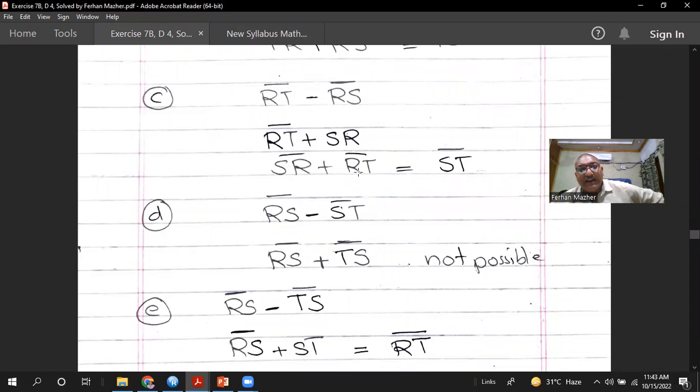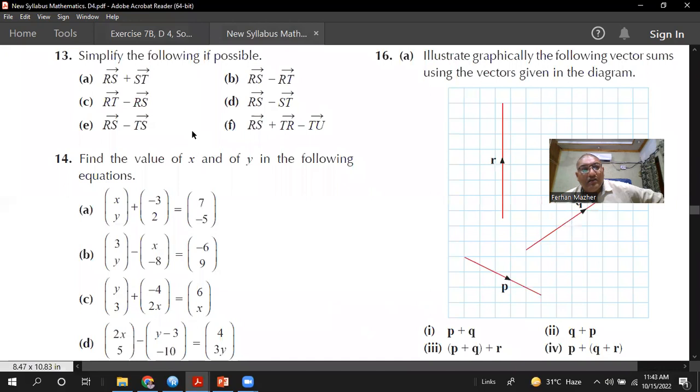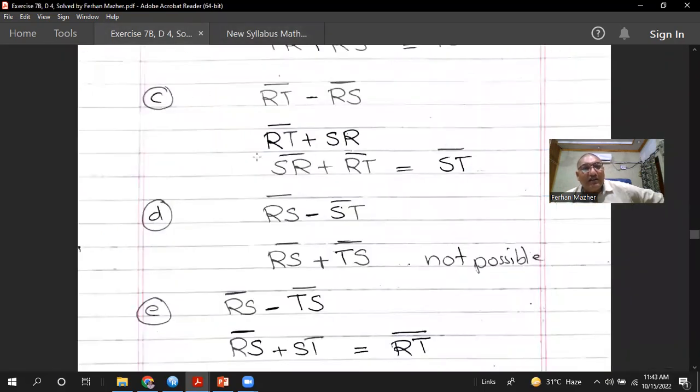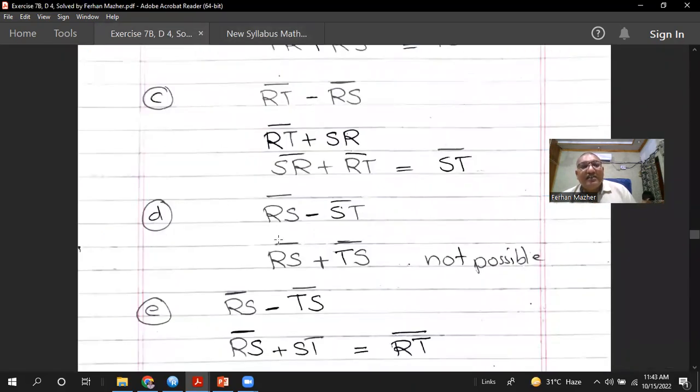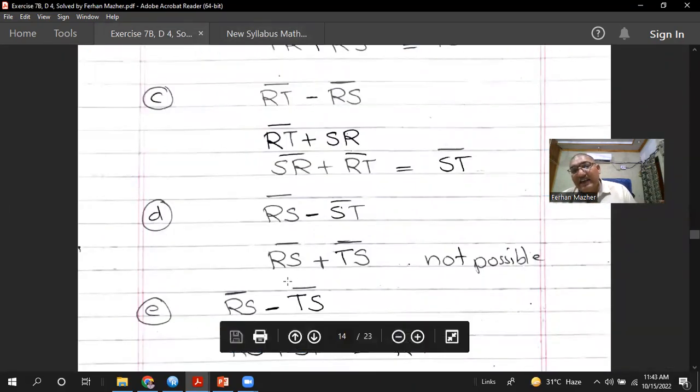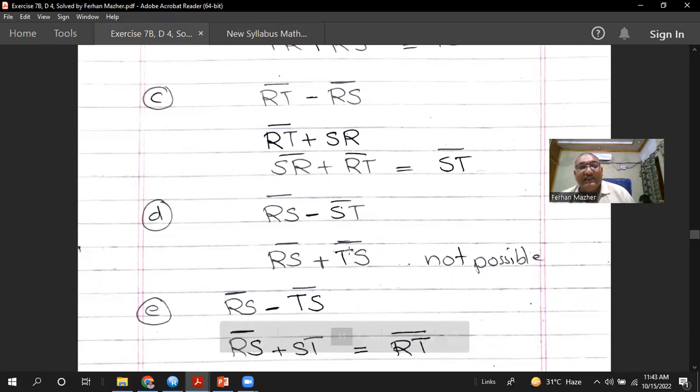So SR plus RT will be equal to ST. Then the D part is RS minus ST, which is RS plus TS. You see this ends at S, this starts at T. If I write it first, then it ends at S, it starts with R. So there is no possible answer, not possible.